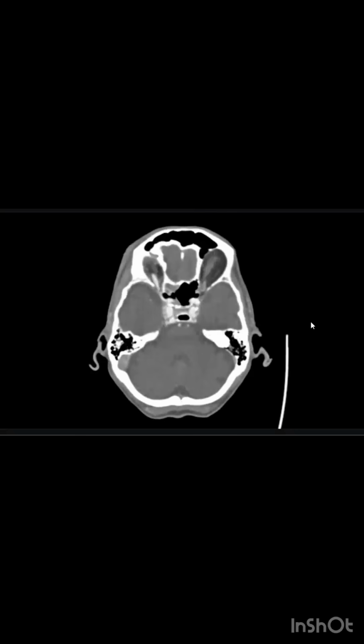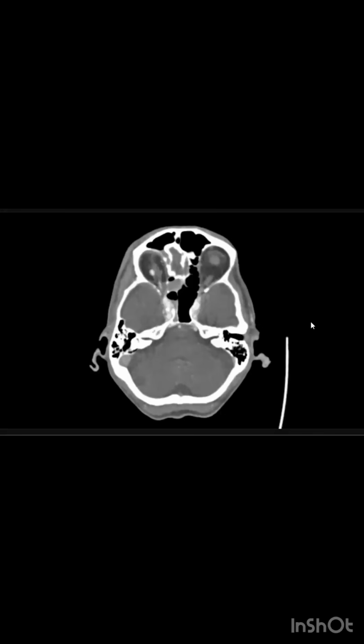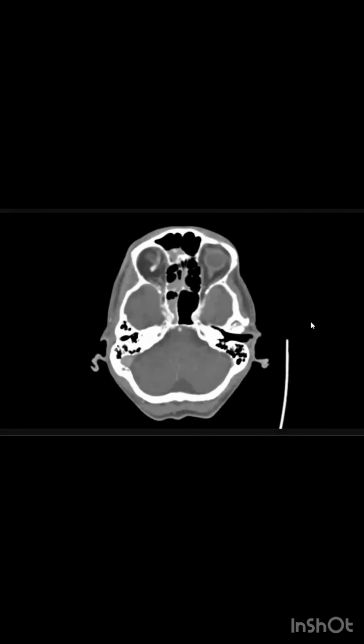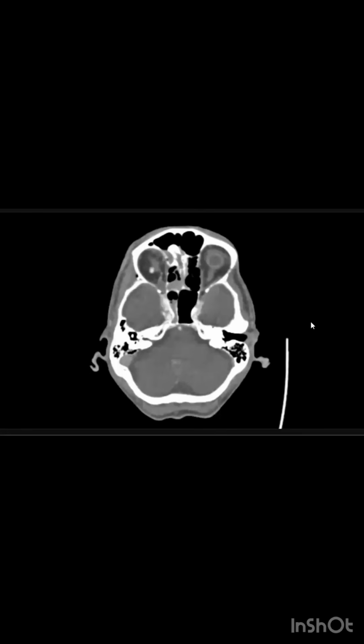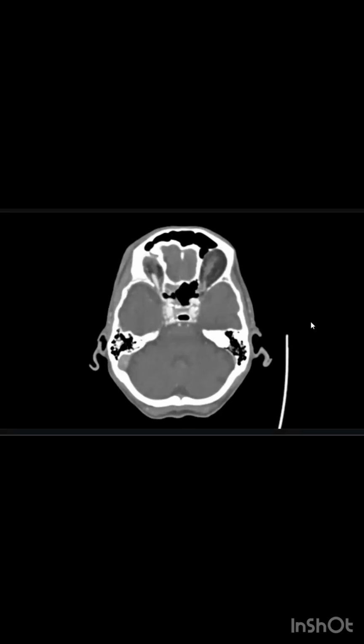There is enlargement of the right cavernous sinus, making the diagnosis of a carotid-cavernous fistula in a post-traumatic patient. This patient should be referred to the IR department for embolization of this fistula and further management.